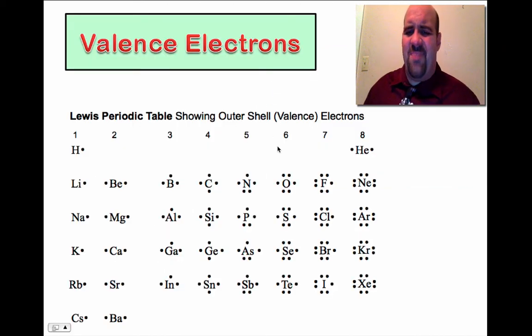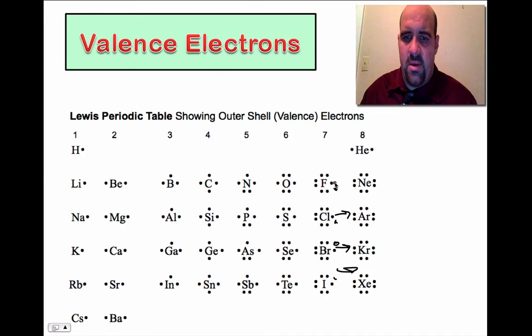And we can kind of make some predictions by looking at dot structures for elements. All of these elements in column 7, they're all going to want to gain 1 electron. If they all gain an electron, they're going to each be like the noble gas to the right of them. Going to be like the nearest noble gas.